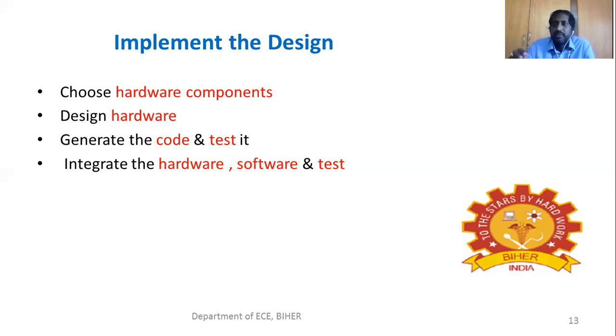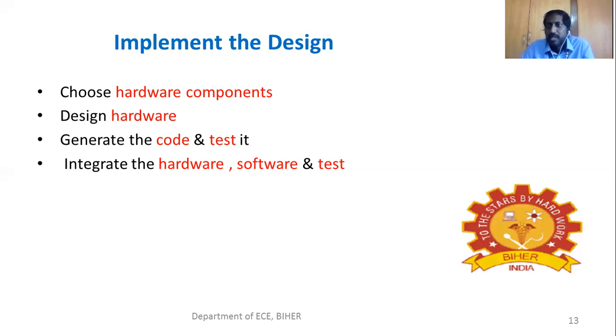If the application software requires a small amount of memory, it can be chosen, but it should solve the real environment problem, all aspects of it, with limited memory. And then you need to design the hardware using a hardware description language, and then code it and test it.